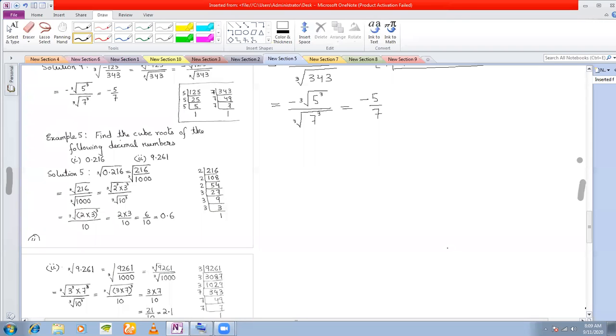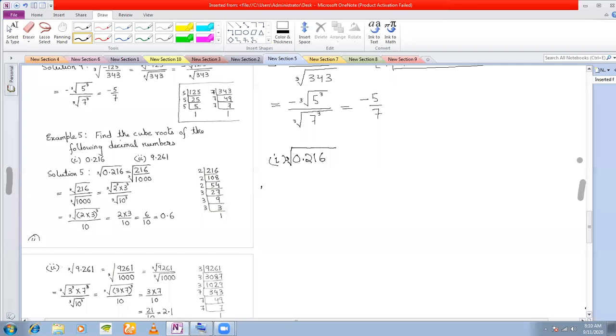Find the cube root of the following decimal numbers. This time we'll deal with the cube root of decimal numbers. Say the first decimal number that is given to you here is 0.216. You need to find out the cube root of this decimal number.